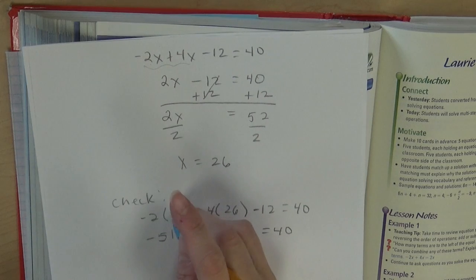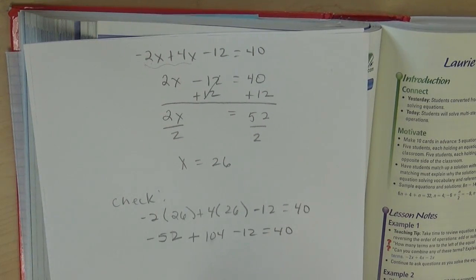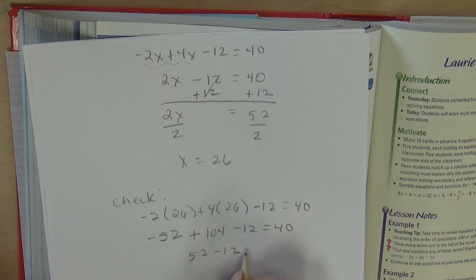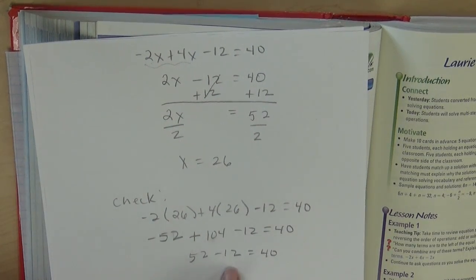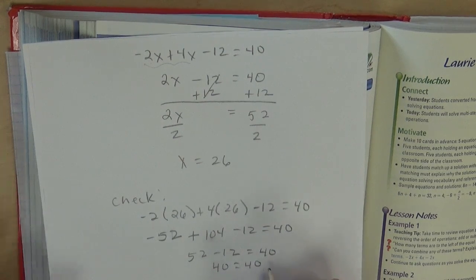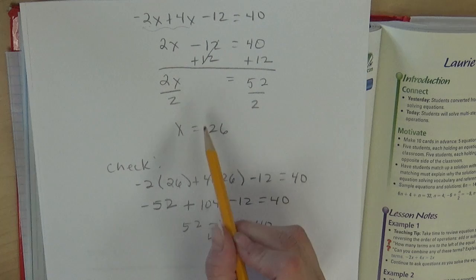Negative 2 times 26 is negative 52, plus 104 is positive 52, minus 12 equals 40. 52 minus 12 gives me 40. So I can see that 26 did work in my equation, so it checks. My answer was x equals 26.